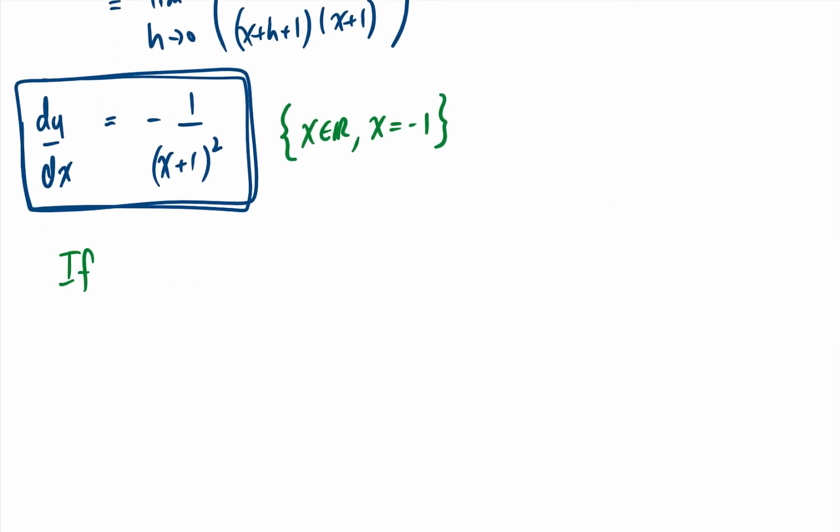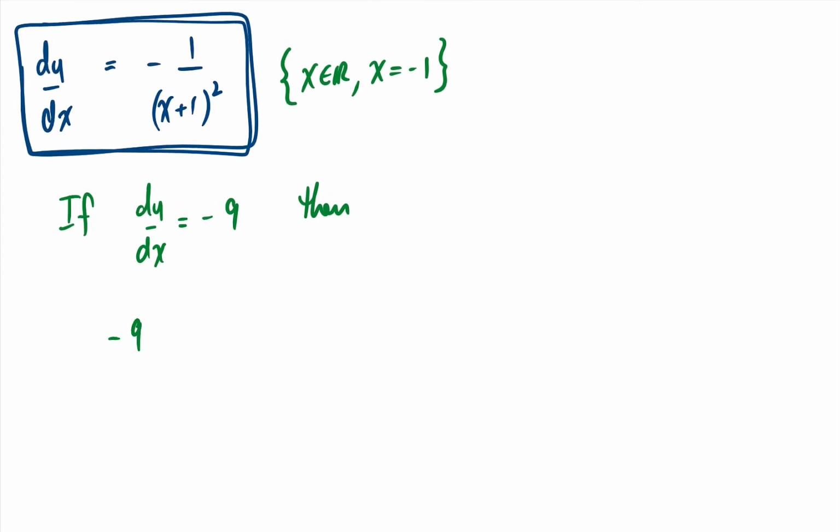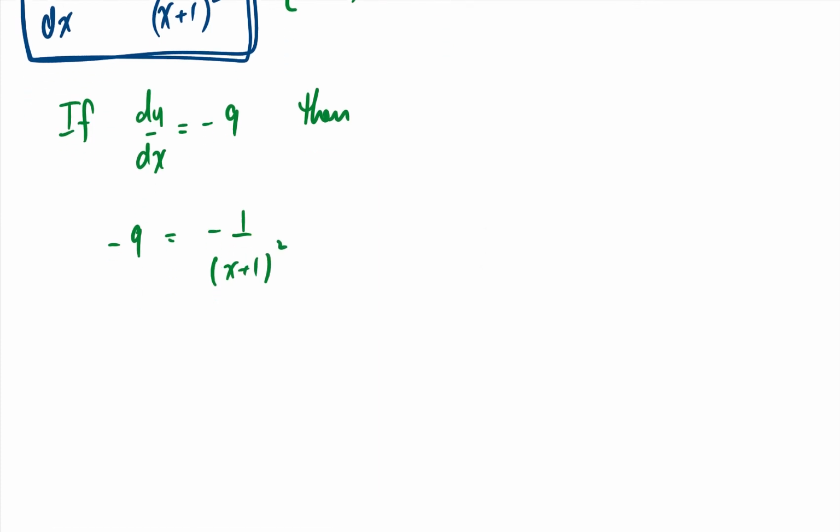So if dy over dx is equal to negative 9, then all we need to do is solve the following equation. Negative 9 is equal to negative 1 over x plus 1 squared. So let's solve for x. First thing I'm going to do is multiply both sides by x plus 1 squared.